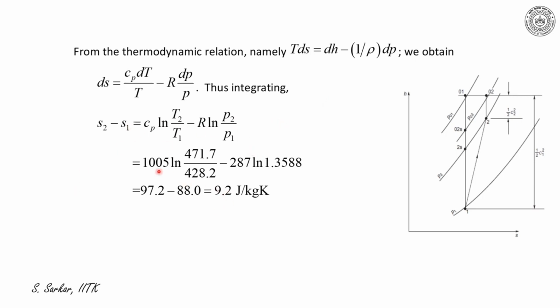Thus I have got 1005 ln 471.7 divided by 428.2 minus 287 ln of pressure ratio P2 by P1, that is ln 1.3588. If you evaluate this, you will get 9.2 joule per kg per K. Thus, I have also evaluated increase in entropy, which is equal to 9.2 joule per kg per K.